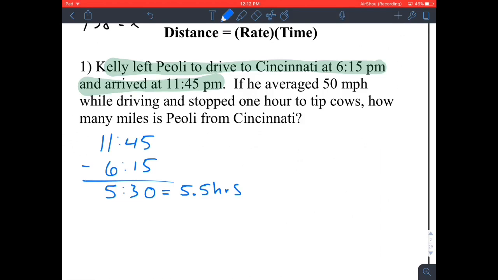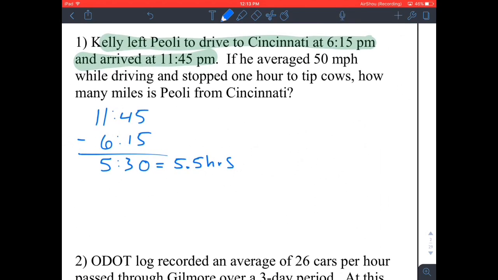He, Kelly's a boy, averaged 50 miles per hour while driving and stopped 1 hour to tip cows. How many miles is Pioli from Cincinnati? Well, the whole trip took 5.5 hours, but they stopped 1 hour for a little cow tipping.